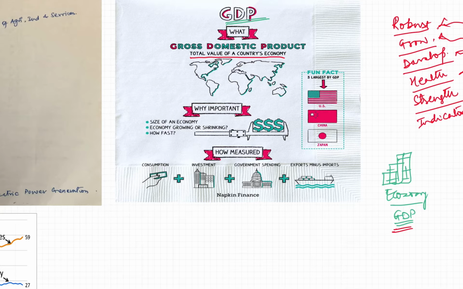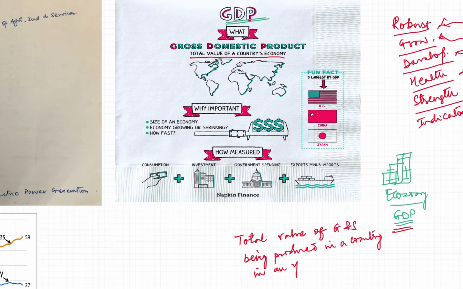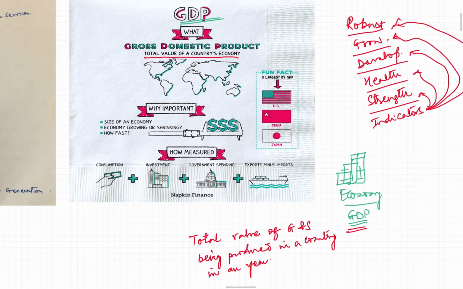Like we had discussed earlier, it's the total value of goods and services being produced in a country in a year, right? The factor that is more important over here is that we are talking in terms of value.